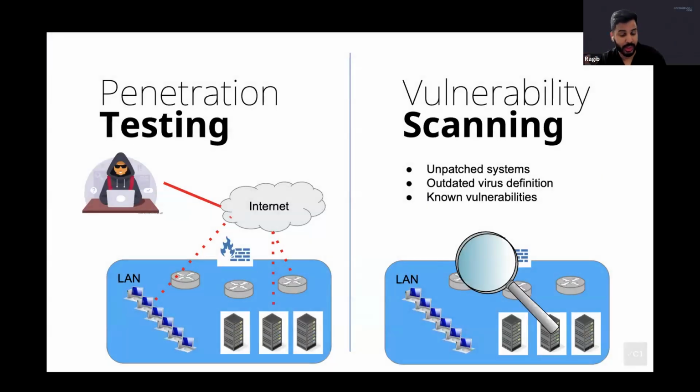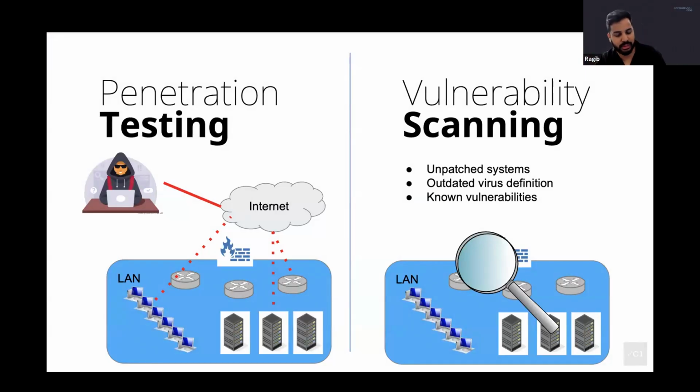Let's break down the key differences between the two essential security practices. You can see at the visuals here that tell you the whole story. On the left, penetration testing shows the hooded figure, represented by an ethical hacker, launching targeted attacks from the internet through your firewall into your LAN.